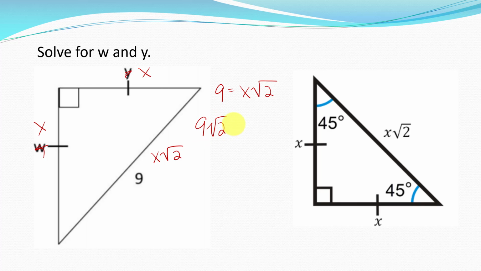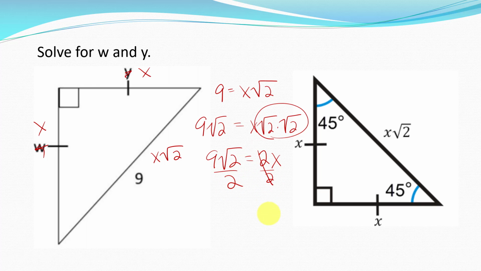If I multiply both sides of this equation by the square root of 2, this just becomes 2. So now I have 9 square root of 2 equals 2x, since square root of 2 times square root of 2 is just 2. But I still don't have x by itself, so I'm going to need to divide both sides by 2. That one cancels, and now this is my answer.